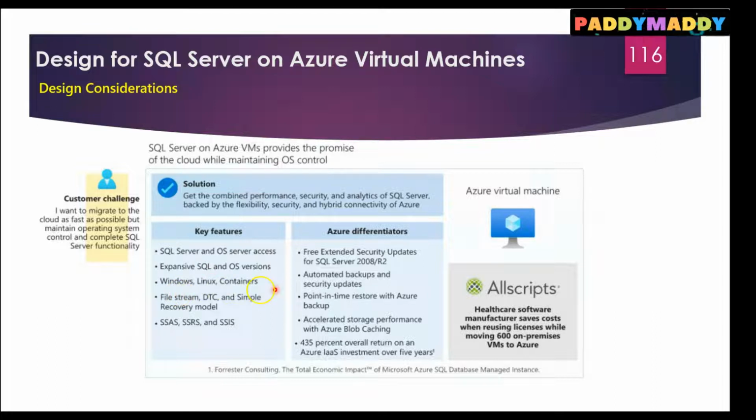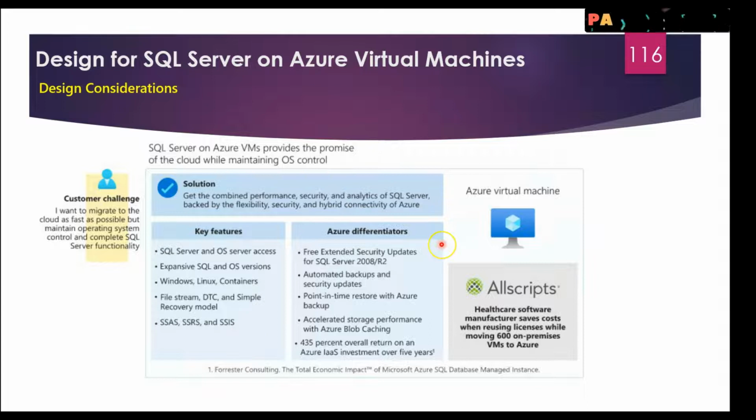They used Windows, Linux and containers, and also migrated their FILESTREAM, DTC and simple recovery model. They also wanted tools like SSRS and other SQL-specific tools which cannot run on shared instances or on a PaaS service. So they need full control, and that's why they are here to get that benefit.